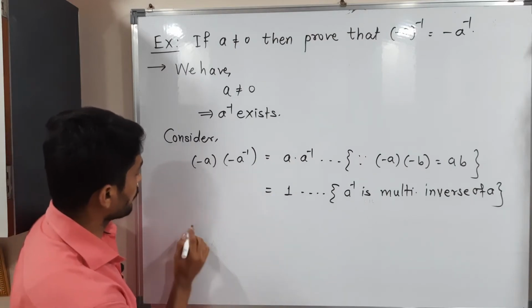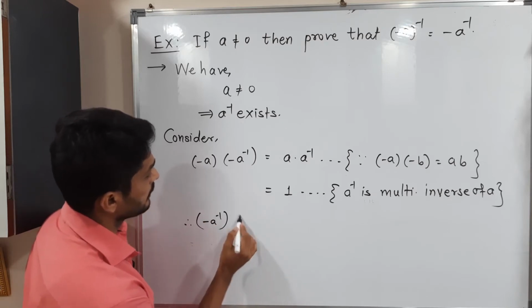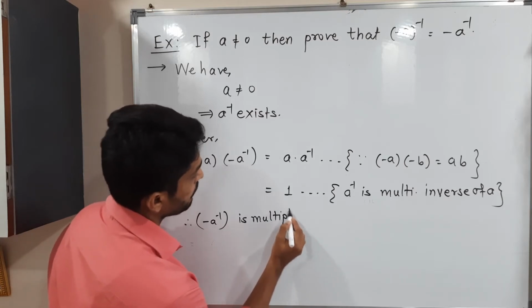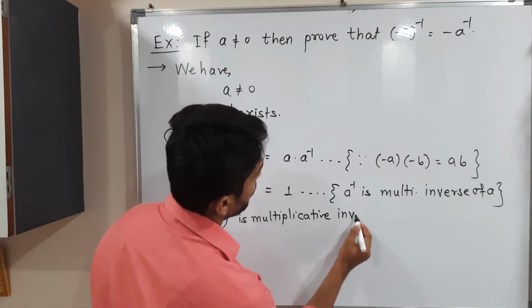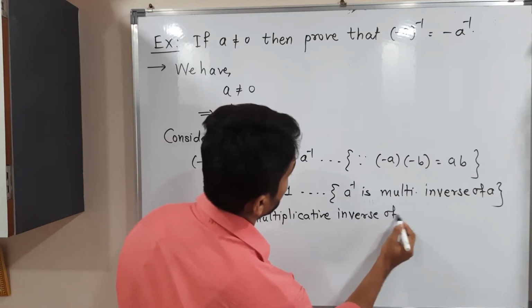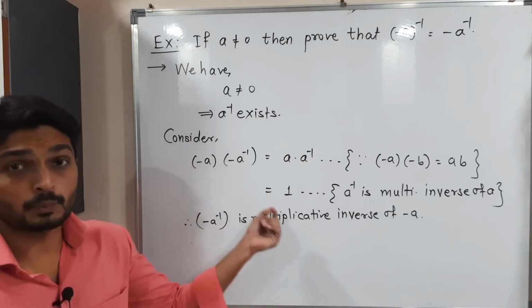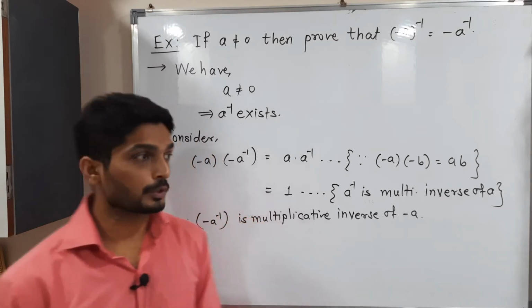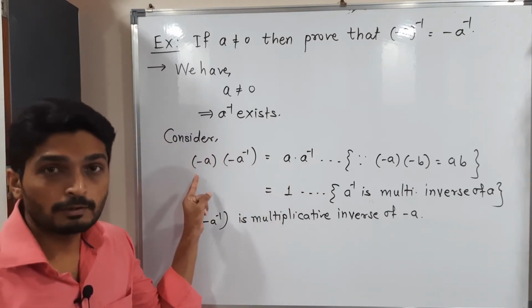So therefore −a⁻¹ is the multiplicative inverse of −a. Since their product is 1, we can say these are inverses of each other.